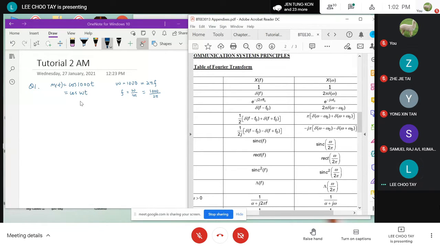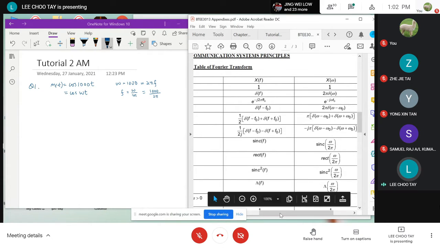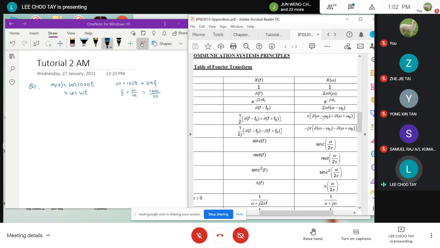All right. So to draw in omega, if you are able to make use of this table, you can see that you have two delta functions. All right. One at delta of omega minus omega naught, the other one at omega plus omega naught. All right. Again, as I mentioned before, delta function gives you a magnitude of 1 when the term in the bracket is 0. All right.